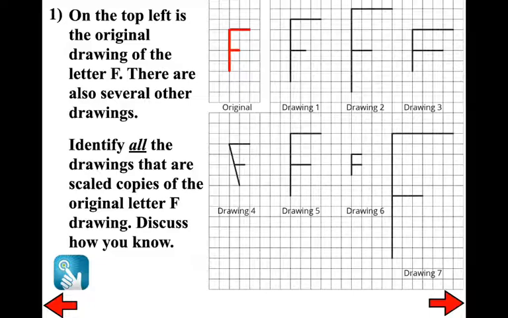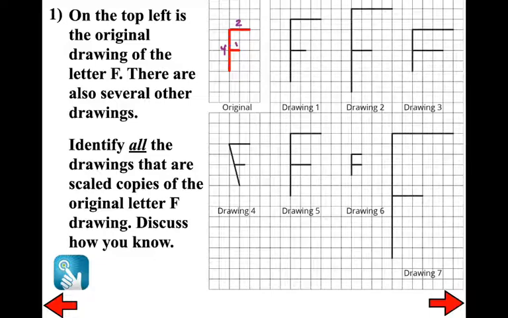So the first thing that we probably should do is figure out the length of each of those line segments that make up the letter F right there. The top part is 2 units. This part right here is 1 unit. And this part right here is 4 units. So if any of these others are going to be a scaled copy of it, some sort of scale factor has to be applied to it.